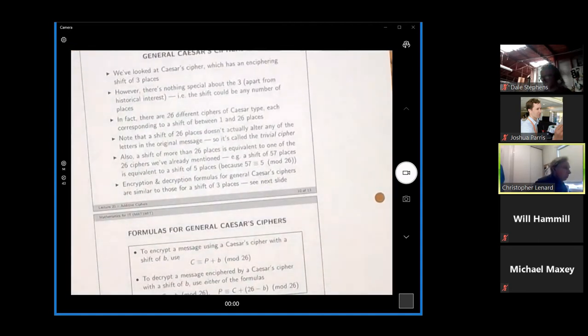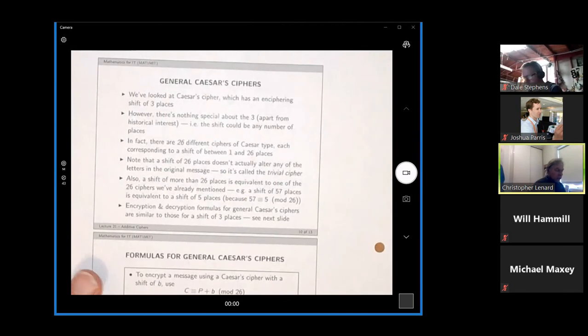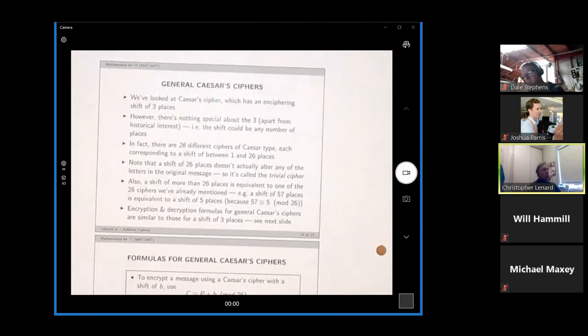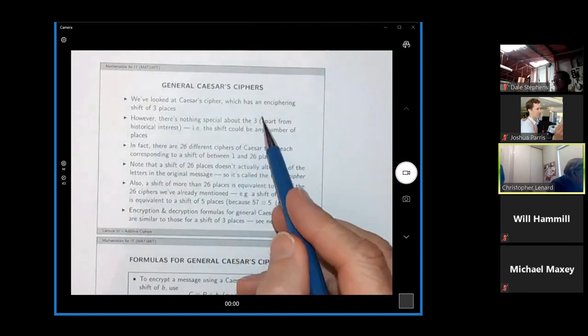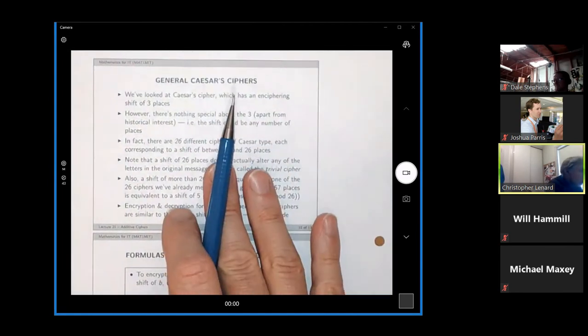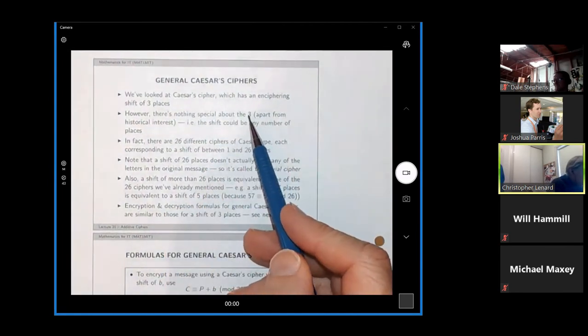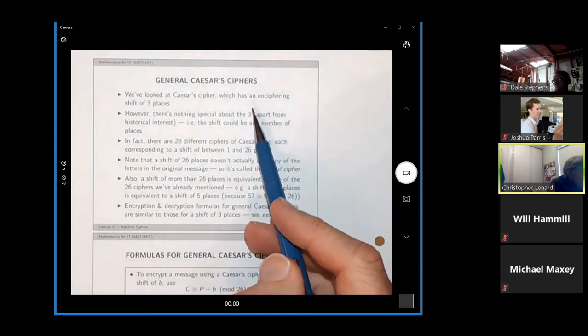Now, the Caesar cipher relied on always shifting 3 forwards to encrypt, 3 backwards, or 23 forwards to decrypt. And there's really nothing special about the 23. The only reason it's of any historical interest is apparently that's what they actually used.